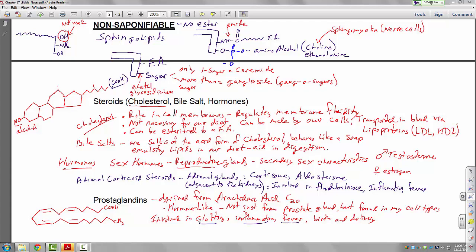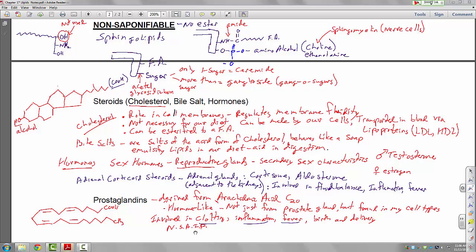So the fact that prostaglandins are involved in these three is also the same reason we take NSAIDs, non-steroidal anti-inflammatory drugs.